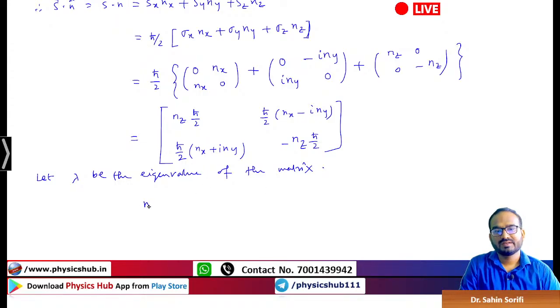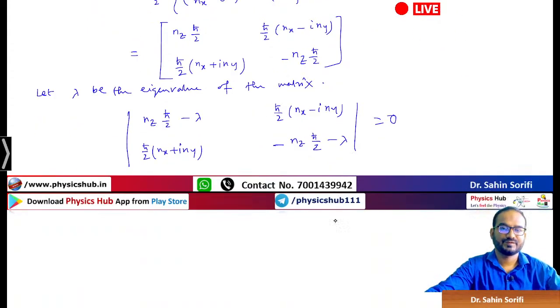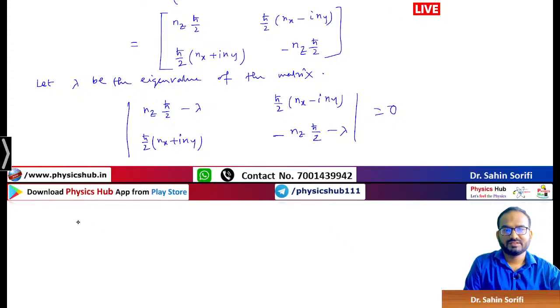So we can write nz h cut by 2 minus lambda, minus nz h cut by 2 minus lambda, and the other terms remain as they are, nx minus i ny, and here nx plus i ny. This characteristic equation equals 0. So let's simplify it a little bit. This minus sign we are taking outside.